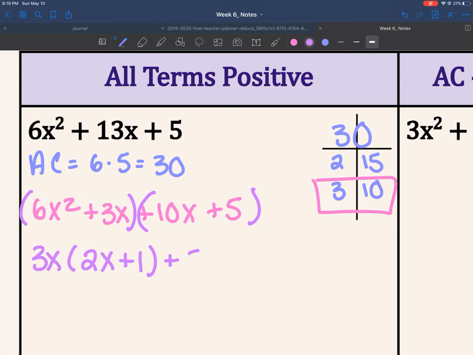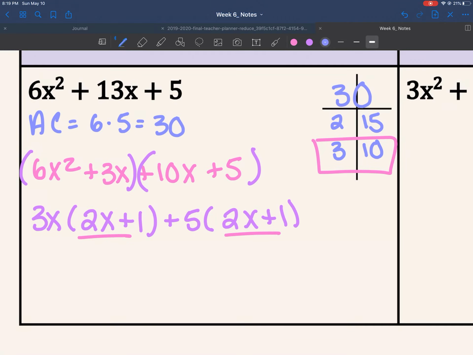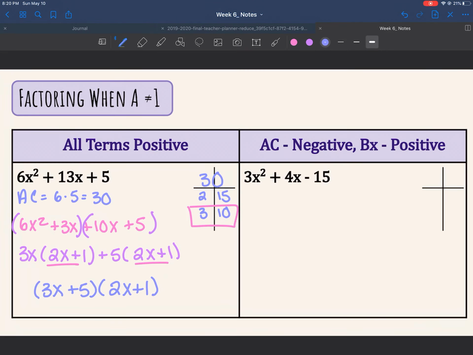And then from the second one, I can pull out a 5, and I get left with 2x plus 1. So again, still the same terms on the inside, and we can rewrite this as 3x plus 5 times 2x plus 1. So that's when all of our terms are positive.